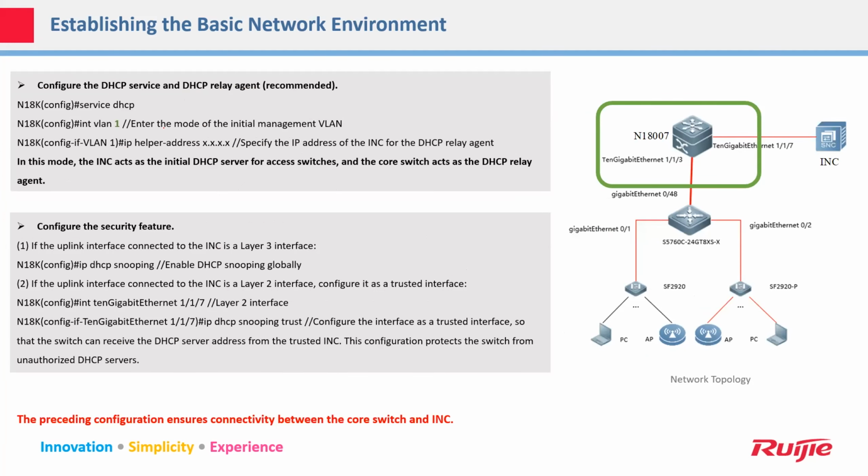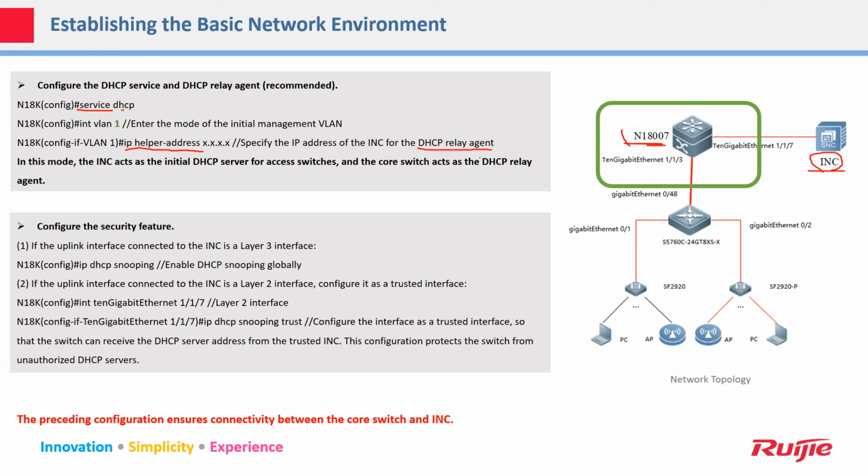And next is about DHCP, service DHCP. Since it's a layer 3 network, the INC is the DHCP server. So on this switch, we must enable the IP helper address. This is the DHCP relay. The core switch is the DHCP relay agent.